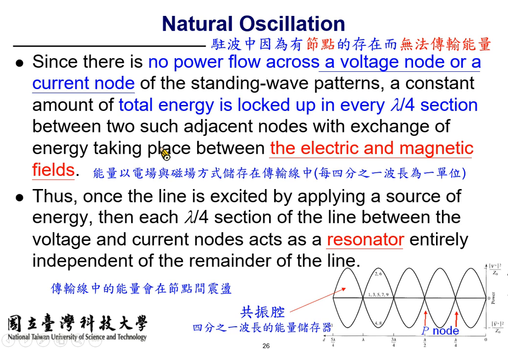So there is no power flow, there's no power can get through the voltage node and the current node.